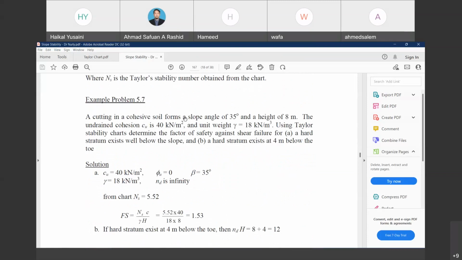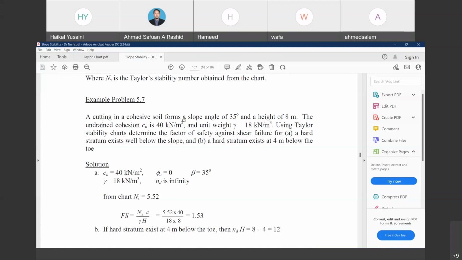A cutting in a cohesive soil forms a slope angle of 35 and the height of 8. The undrained cohesion is 40 and the unit weight is 18. Using the Taylor stability chart, determine the factor of safety against shear failure for a hard stratum that exists 4 meter below the slope, below the toe.